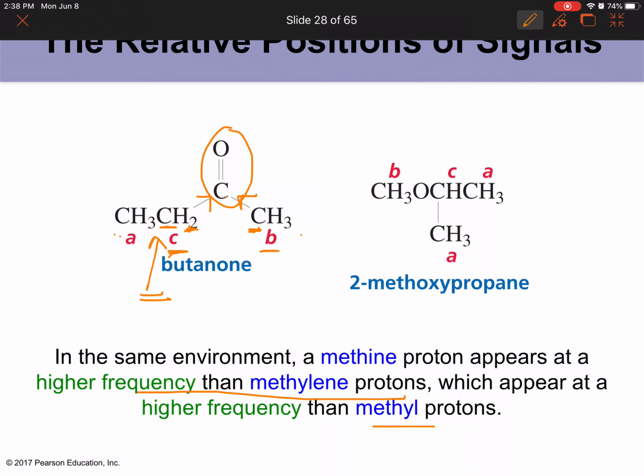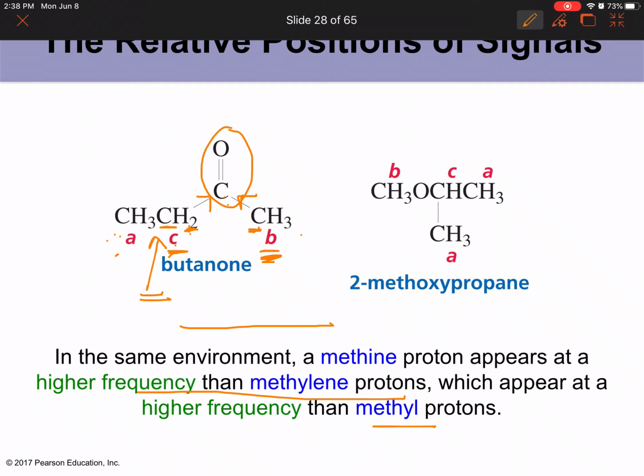Remember, methine proton appears at a higher frequency than methylene proton, which appears at a higher frequency than the methyl proton. Now, the C hydrogen is going to be the more deshielded because it has a carbon and a carbonyl group, and then the B hydrogens would be the next deshielded, and then the A would be the least deshielded, which appears upfield of the NMR spectrum.